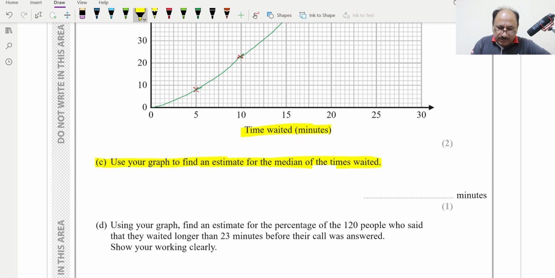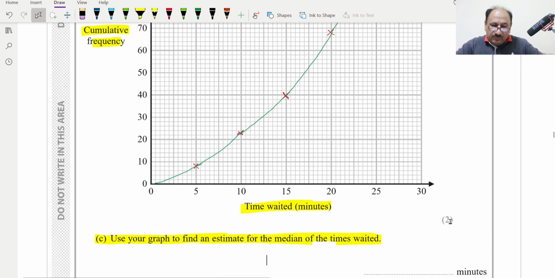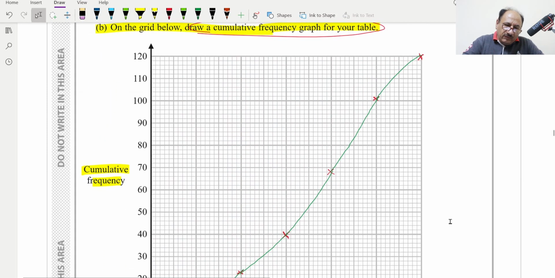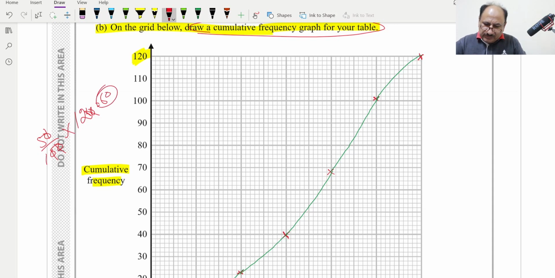Part C is: use your graph to find an estimate for the median of the times waited. Median will be the middle value, and the middle value of 120, half of 120, is the 50th percentile. 50% of 120 is equal to 60, so we will check for 60. The reference for 60 is over here.